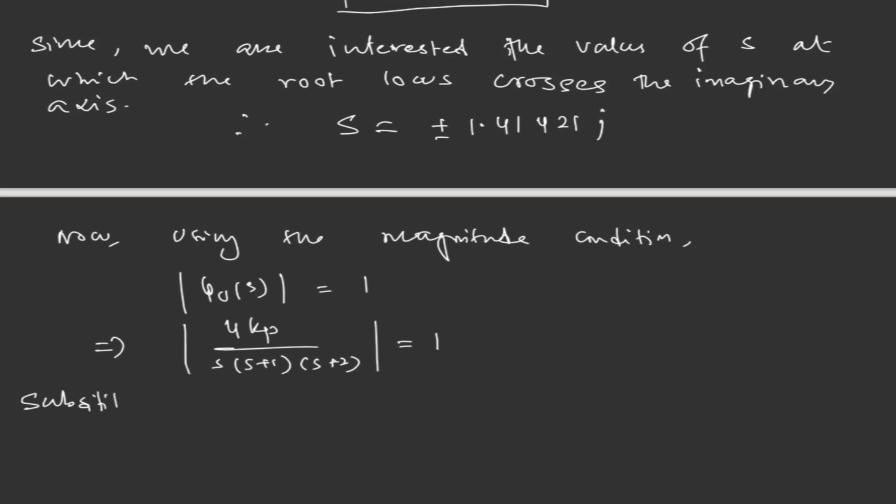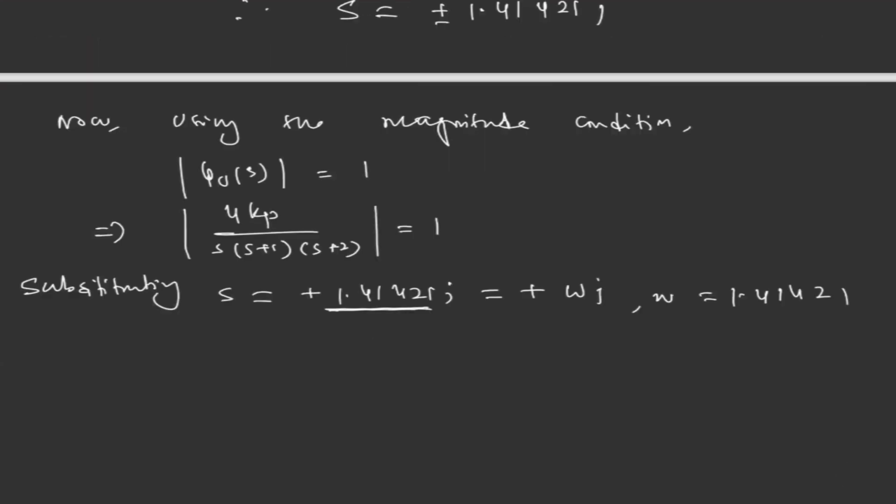Substituting s equal to plus j omega, because this is the frequency omega, here omega equals 1.41421. Substitute these values in equation number 1.